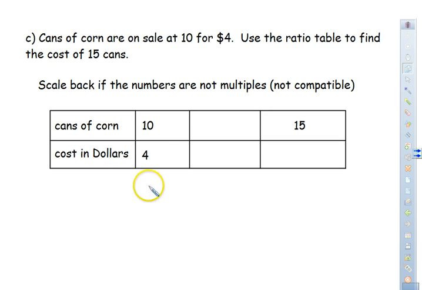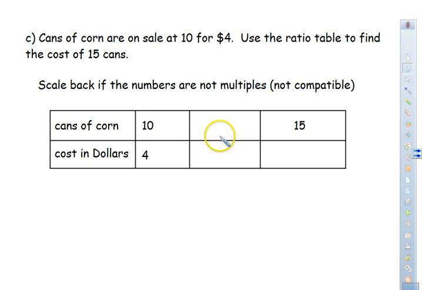Now some of you might be having some difficulty because you're trying to figure out how you're going to get 10 into the 15. And again, as the note says up here, scale back if the numbers are not multiples, meaning they're not compatible. Because the next multiple of 10 is 20. So you're thinking to yourself, well, how can I find that? That doesn't make sense to me.